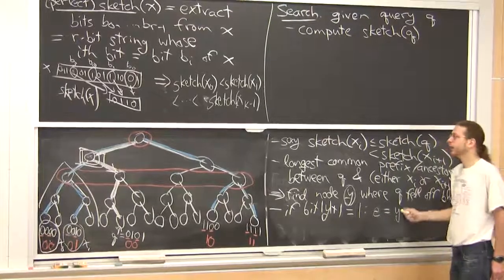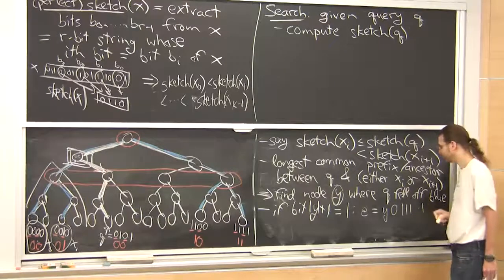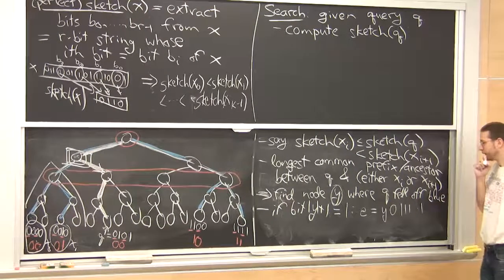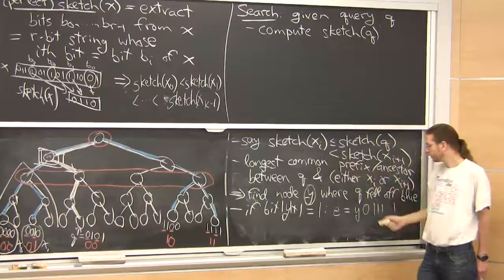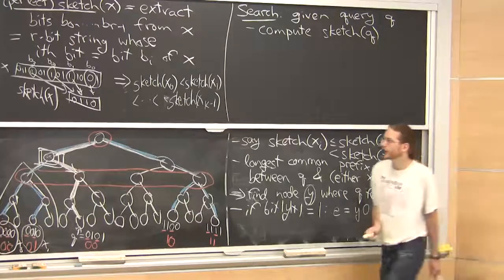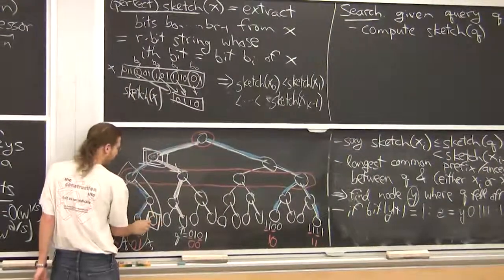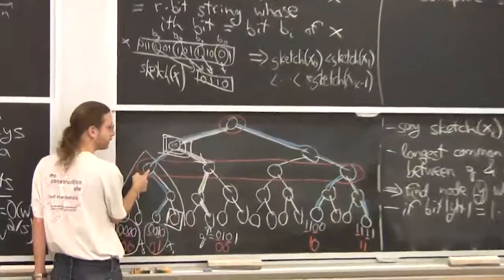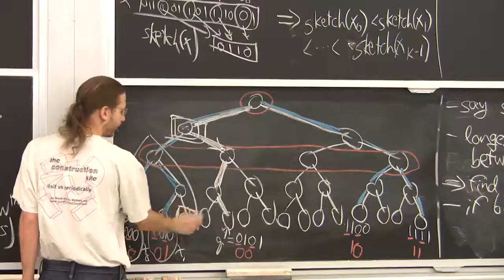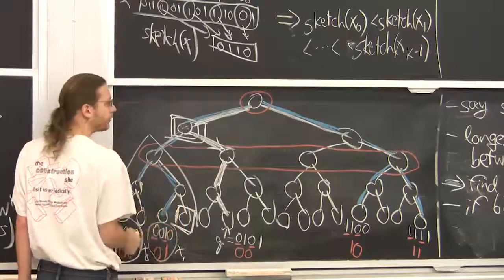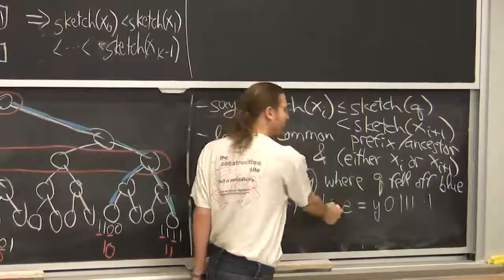It's going to be the bit string y, followed by a 0, followed by lots of 1s. Whereas our bit string q had a 1 here and fell off the tree, what we're instead going to do is identify the rightmost node in this subtree. That's not necessarily an xi, but it's a thing. And then we're going to do, again, this search in sketch space, but now using E instead of Q.